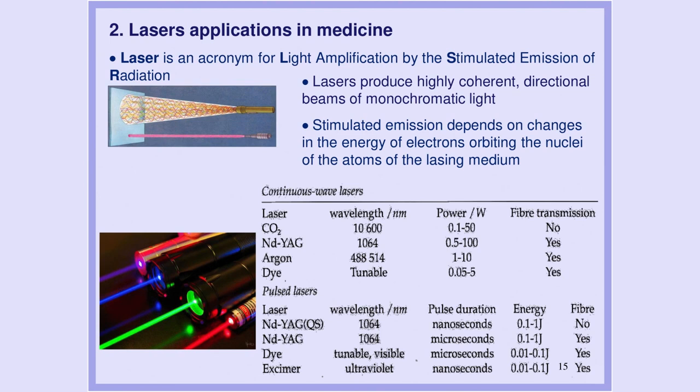Stimulated emission depends on changes in the energy of electrons orbiting the nuclei of the atoms of the lasing medium. Two important conditions must occur in any laser. One is called population inversion, and the other is called stimulated emission. A three-energy-level laser medium is required for this.